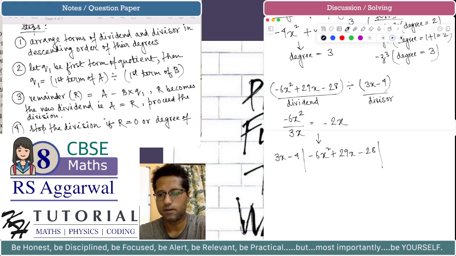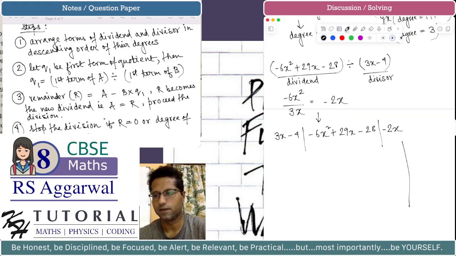Now we will multiply this first term of the quotient, minus 2x, with the divisor. If you can do it orally, that is fine, but you can also roughly find it. That is, 3x minus 4 multiplied by minus 2x is equal to minus 6x square plus 8x.